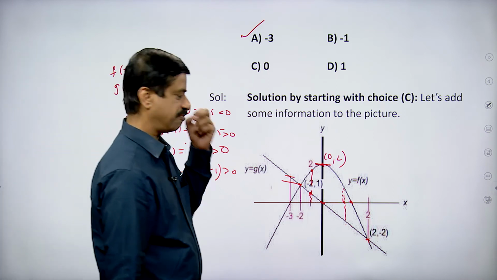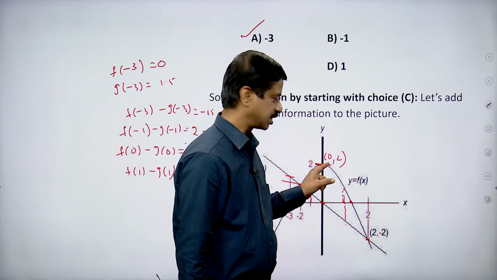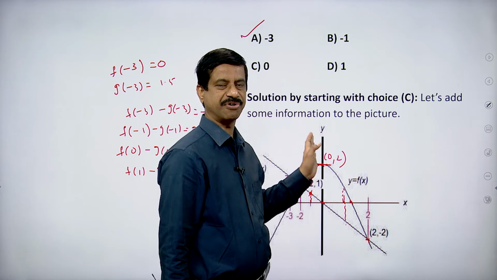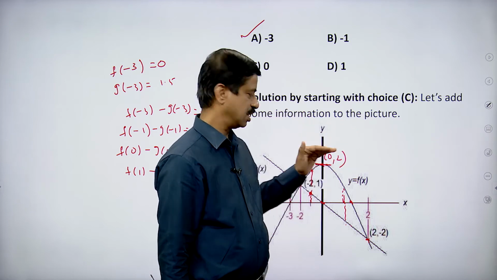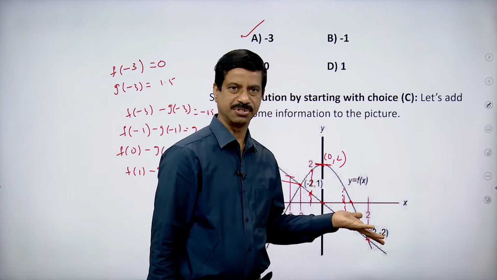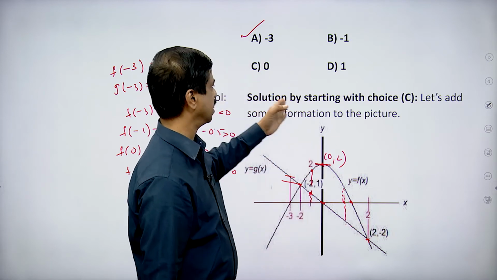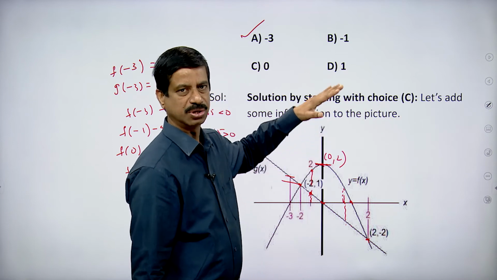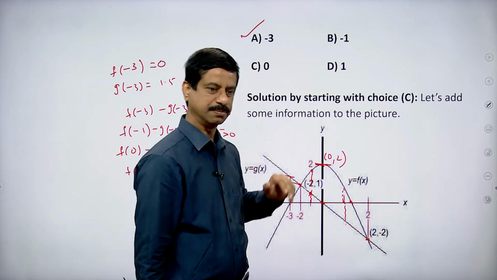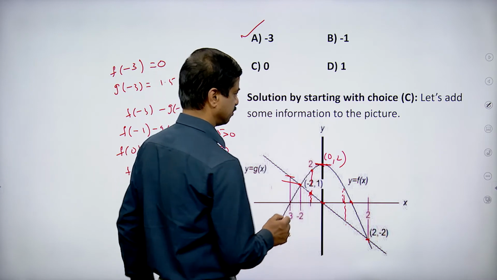See, if the curve is above the line, then definitely f of A minus g of A is positive. If the curve is below the line, then f of A minus g of A is negative. Simple logic, children. So, that is what he has given, f of A minus g of A, so definitely the curve should be below the line. Where is the curve below the line?